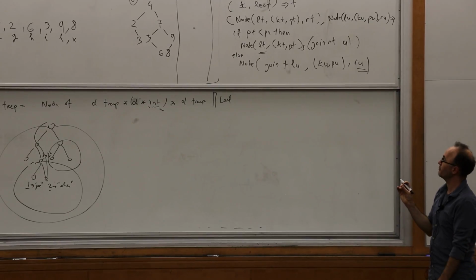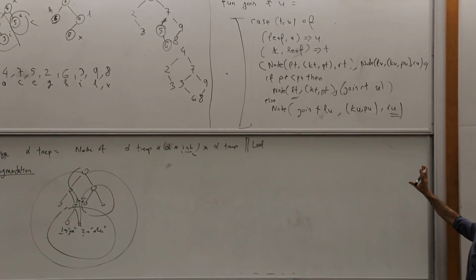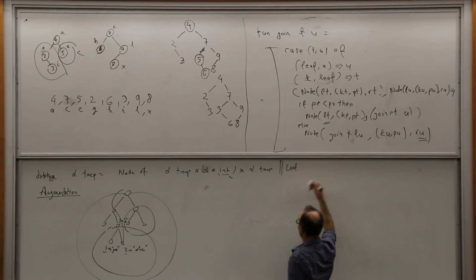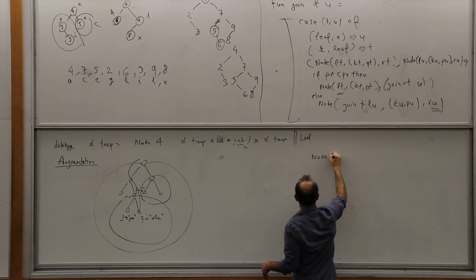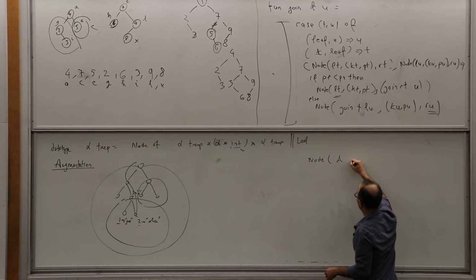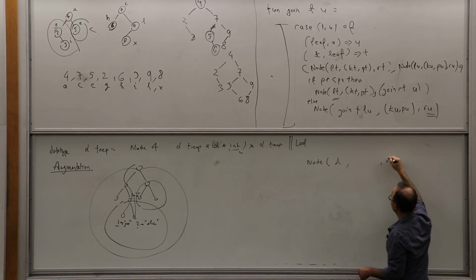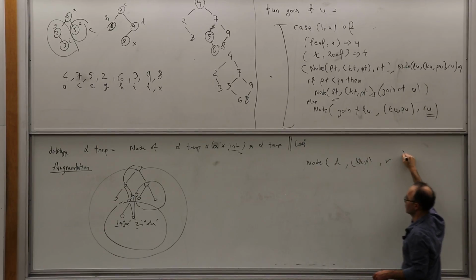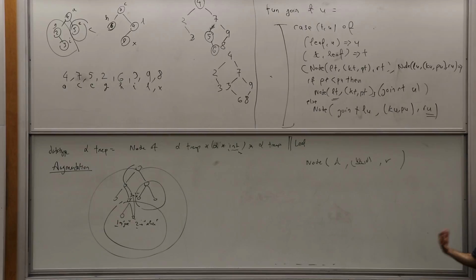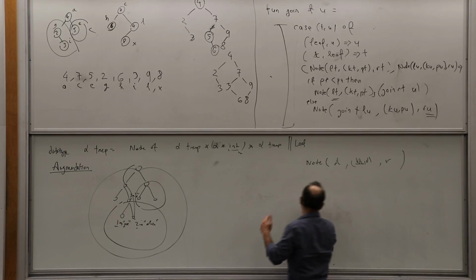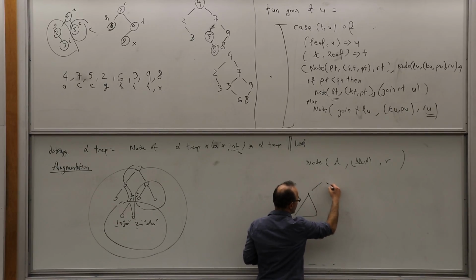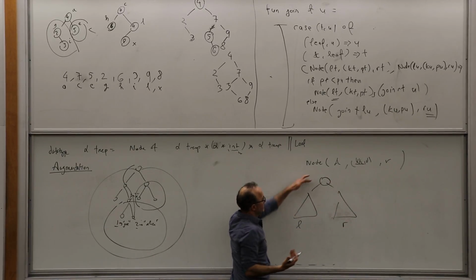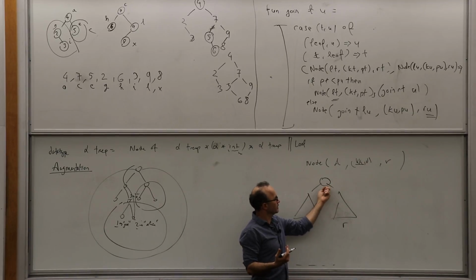The only interesting thing that we do in split and join is, we take a node and take a left subtree and a right subtree, and then put a key, and new priority or whatever. Basically, we're just joining things up, but at the node level. So the fundamental primitive operation is I'm given some trees, L and R, and I'm given some key, and I put them together into a node.